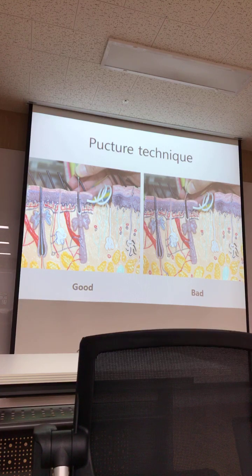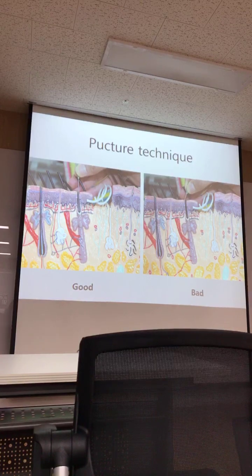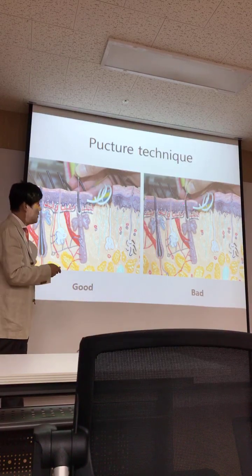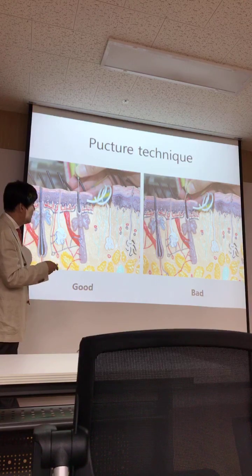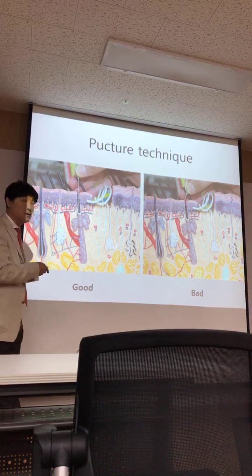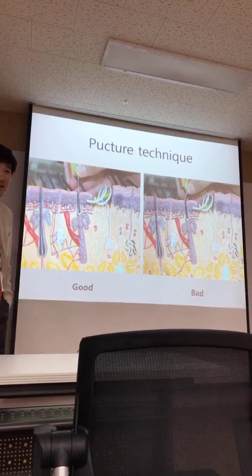Every hair has a different direction, so we should make a hole with the hair follicle inside. Only 0.4 millimeter is enough. But if you don't puncture along the hair direction, it makes only bleeding and pain. Okay?